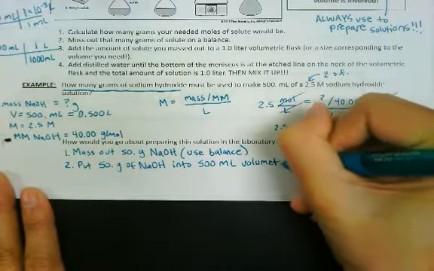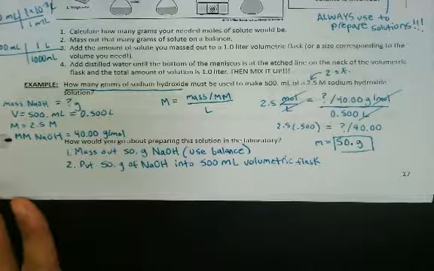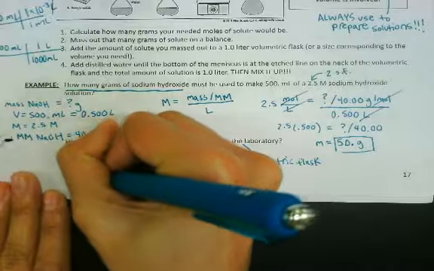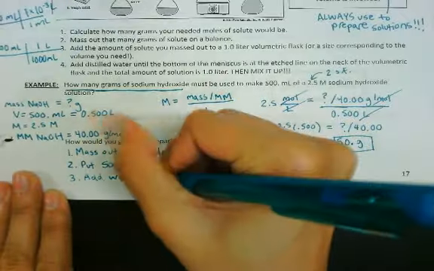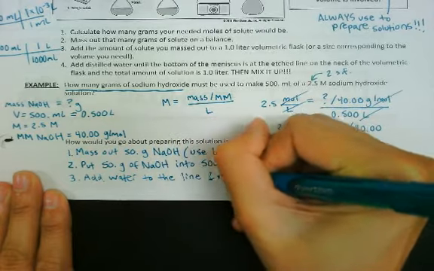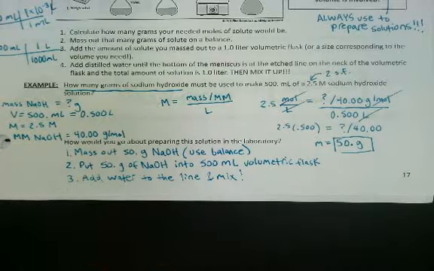If you want to put 0.5 liter volumetric flask, that is also fine. And then the last thing you're going to do is add water to the line and mix. My pen is trying to give out on me. I will switch it here in a second. We're going to add water to the line and mix. So that is how we would prepare that solution and how to figure out how much we need gram-wise.